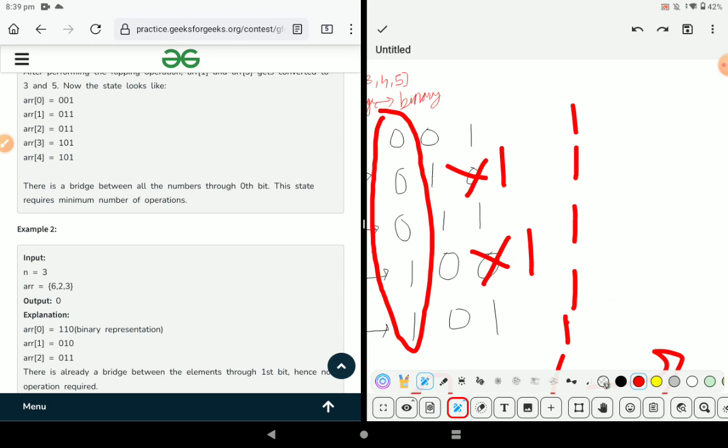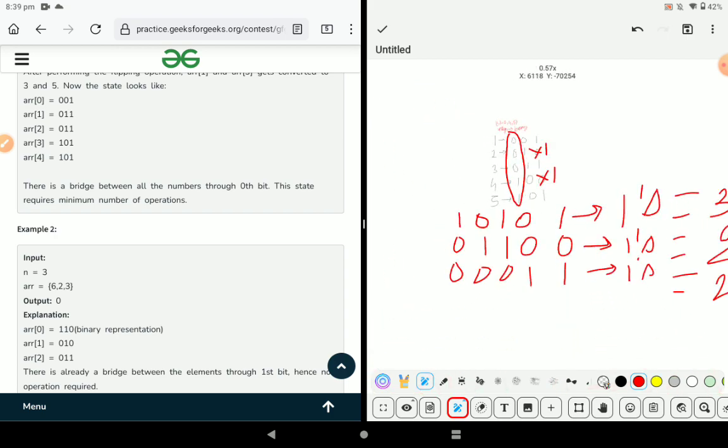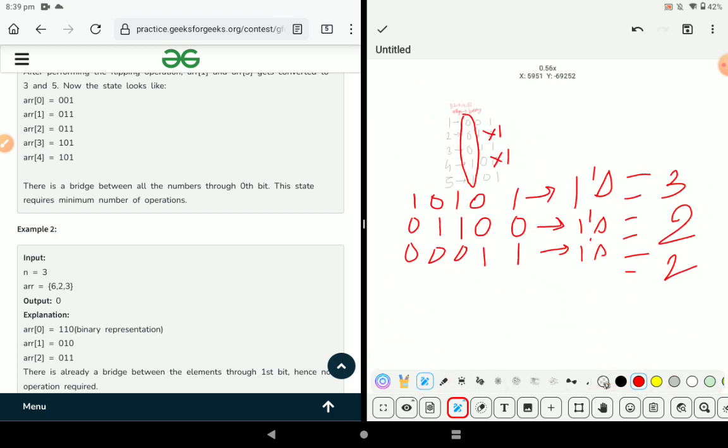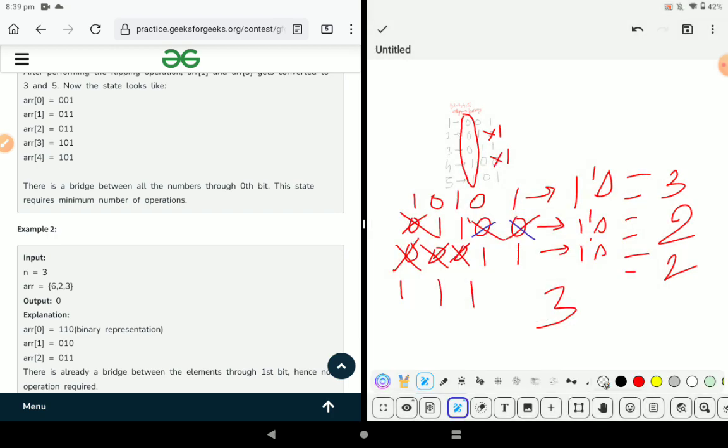We have to perform the minimum number of operations to create a bridge. Here the number of ones is 2, so we have to perform 3 operations. Here also 3 operations, here also 3 operations.